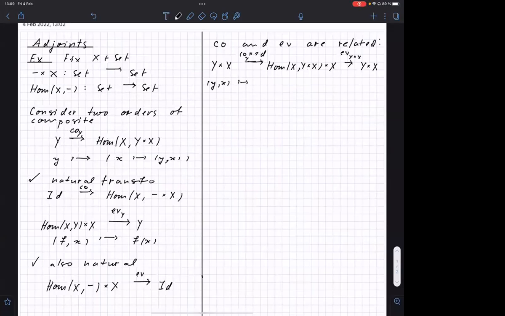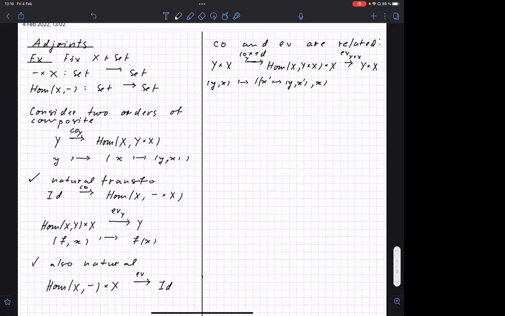Where does it go? Well, the co-evaluation goes to the map which sends x prime to y comma x prime. That's a map. And then the point x just goes to x. And now I need to evaluate this map, which sends x prime to y comma x prime, on x.